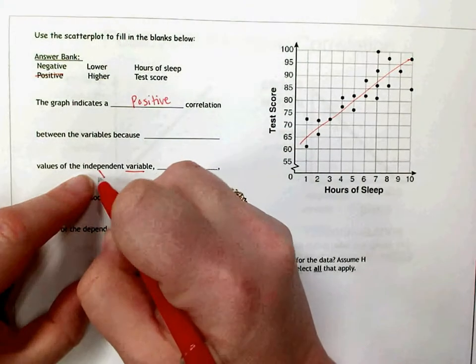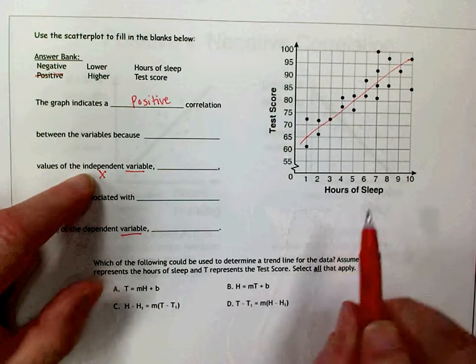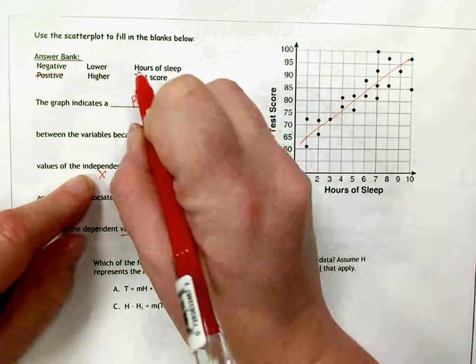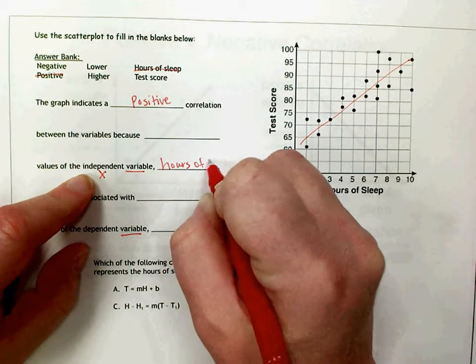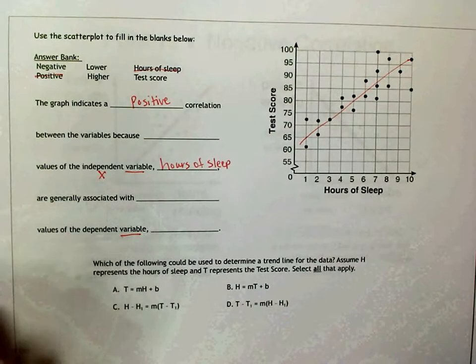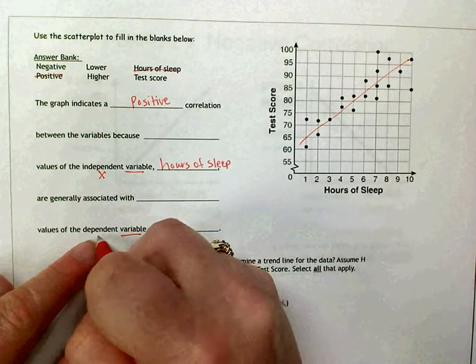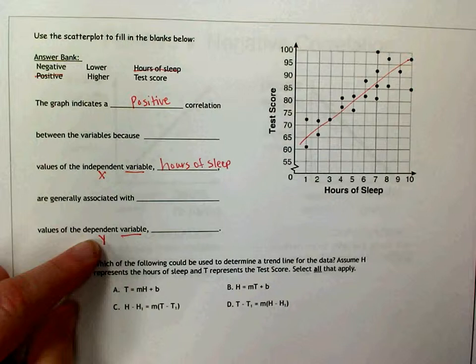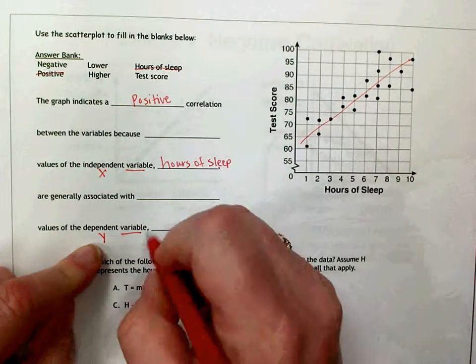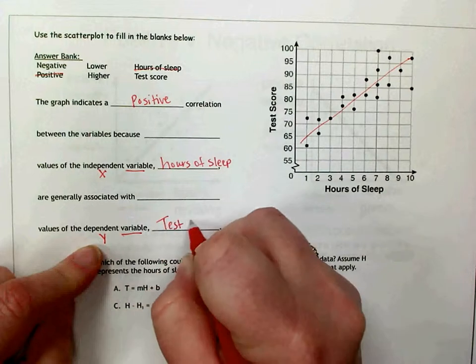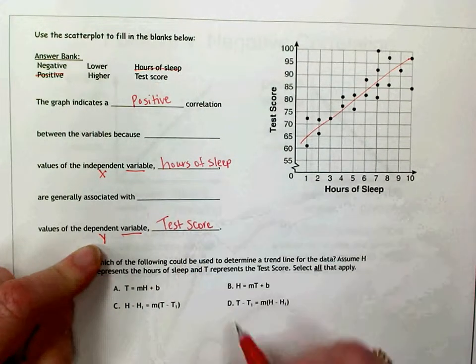I go to the x-axis. It's the hours of sleep. So my independent variable is hours of sleep. My dependent variable is my y. I can use my y-axis to see that that means that's test scores for that dependent variable.